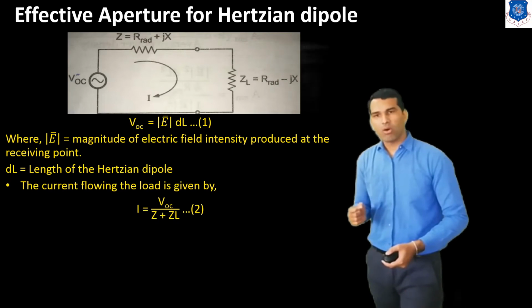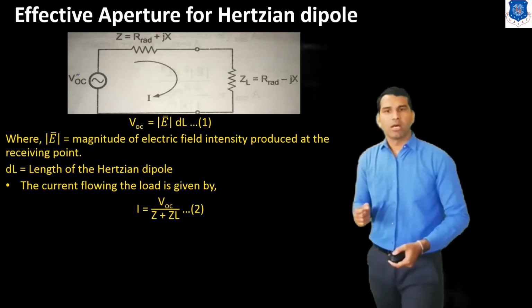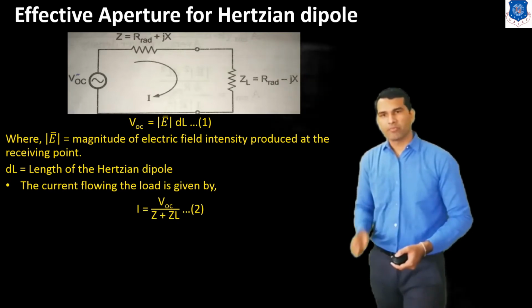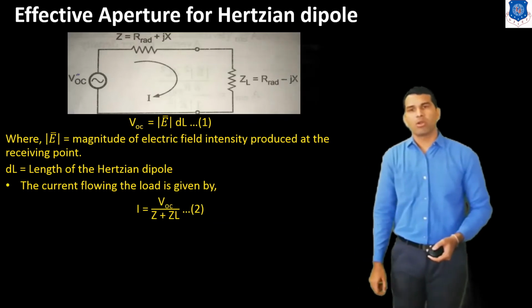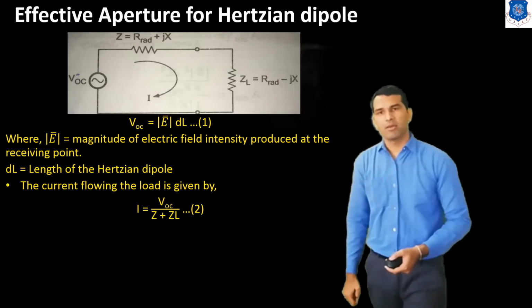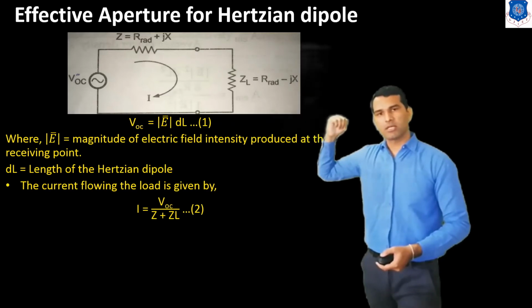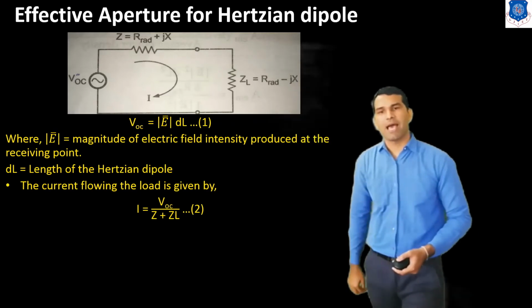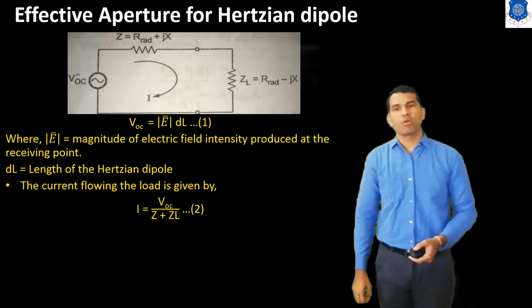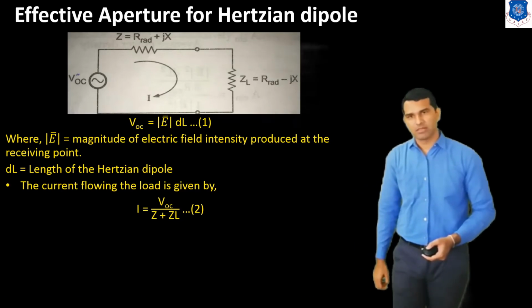The current flowing through the load is given, from this figure, by using Kirchhoff's law, as I is equal to VOC upon Z plus ZL.